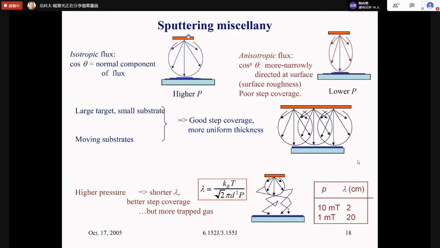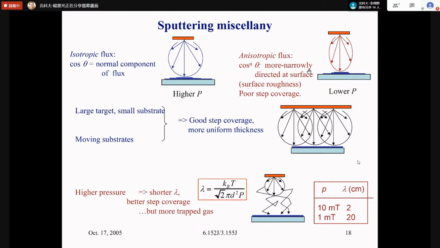So finally, let's talk about sputtering. We talk about isotropic flux and anisotropic flux. This is isotropic, right? All directions the same. This is anisotropic, okay?